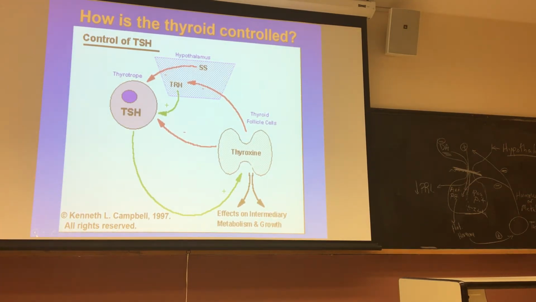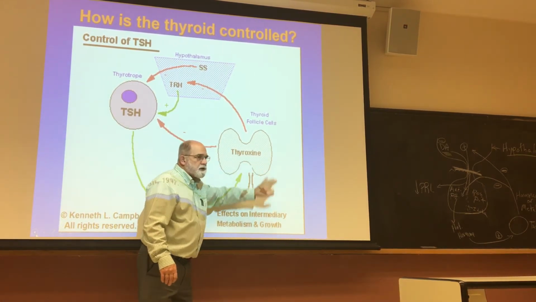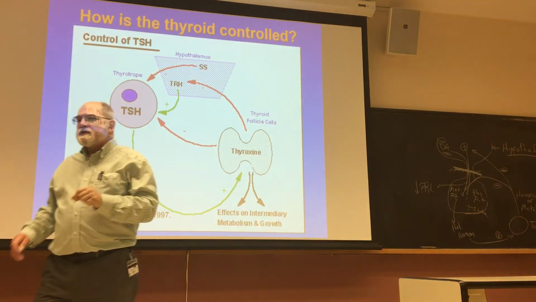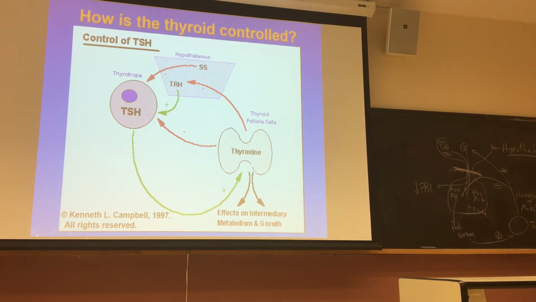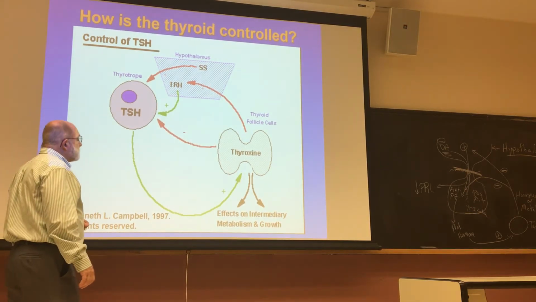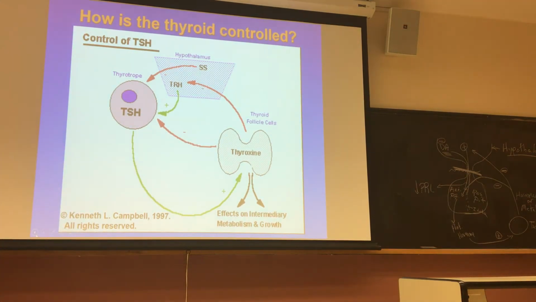They will stimulate their targets to do a variety of things, including to grow. So TSH stimulates not only production of thyroxine, but it will stimulate growth of the tissue. It's trying to make the tissue.